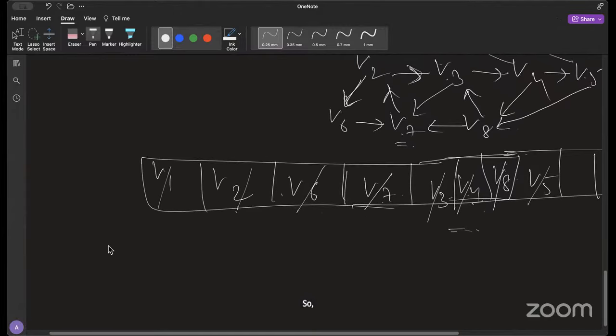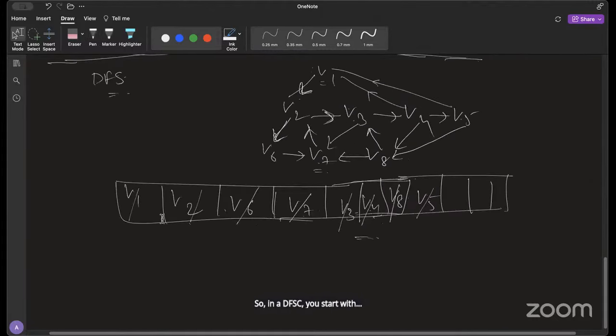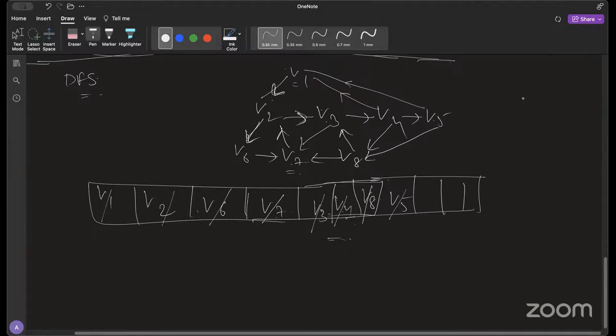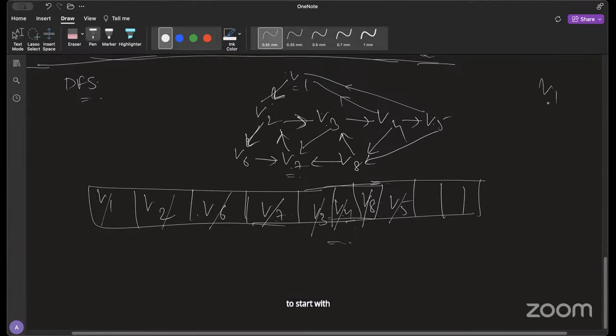So in a DFS tree, you start with V1, then you write V2, then V6, then V7, and then you trace back to V6. Then from V6 you trace back to V2, and then you make V3 here.